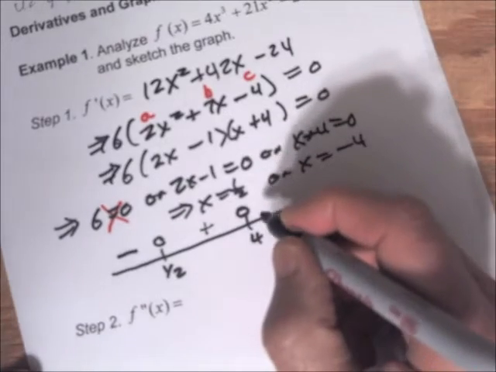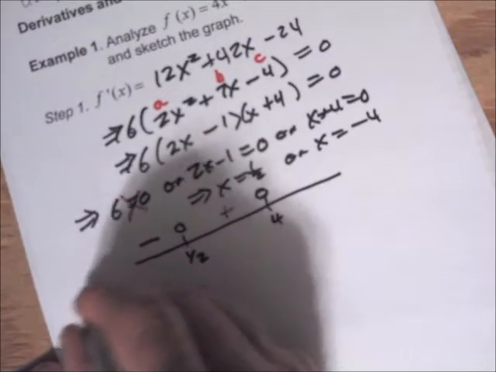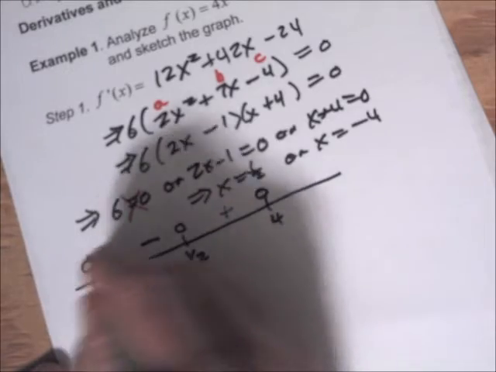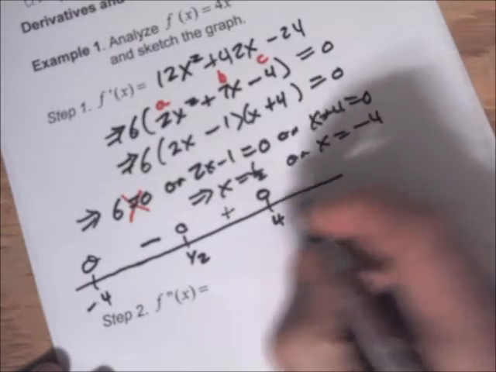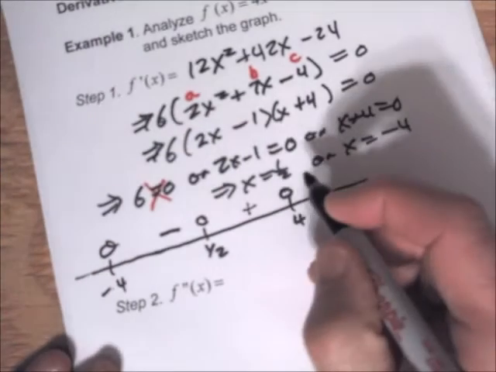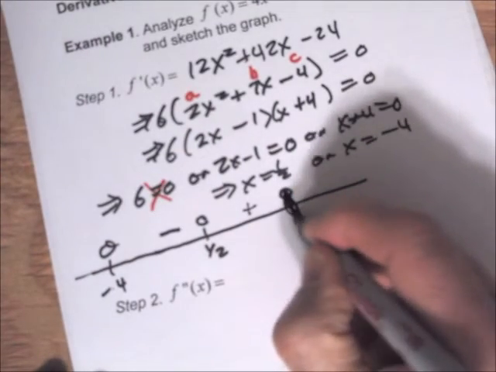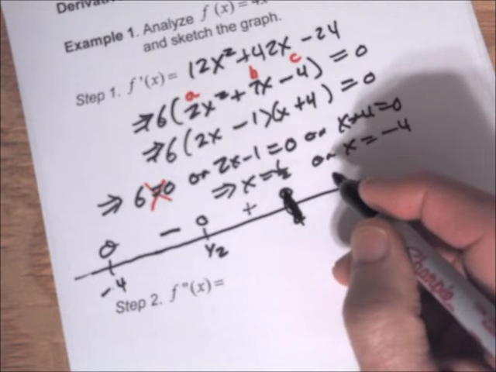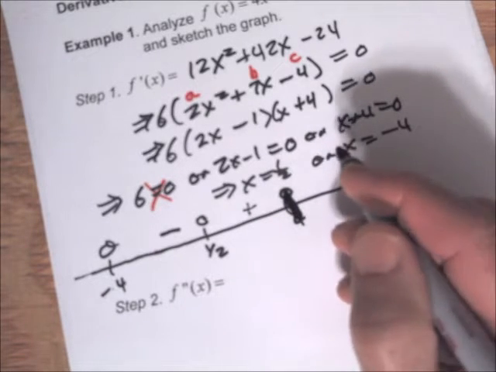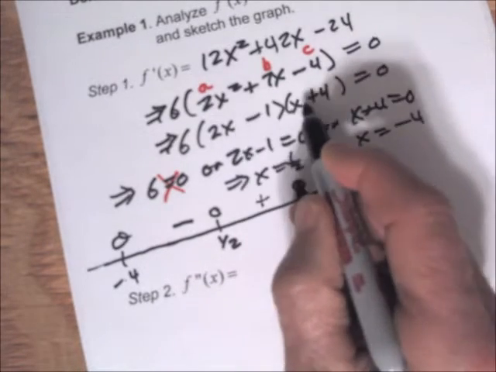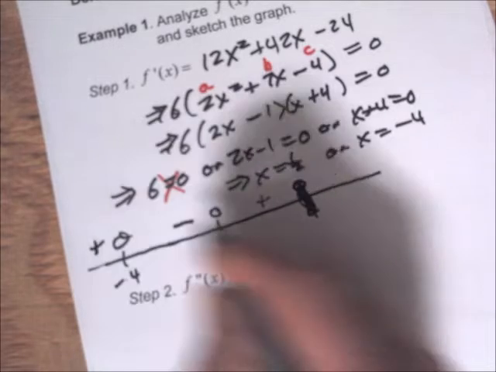This is negative 4. I knew something was wrong here. X equals minus 4 here. So if x is less than negative 4, for example negative 5, you'll have negative times negative, which is positive.